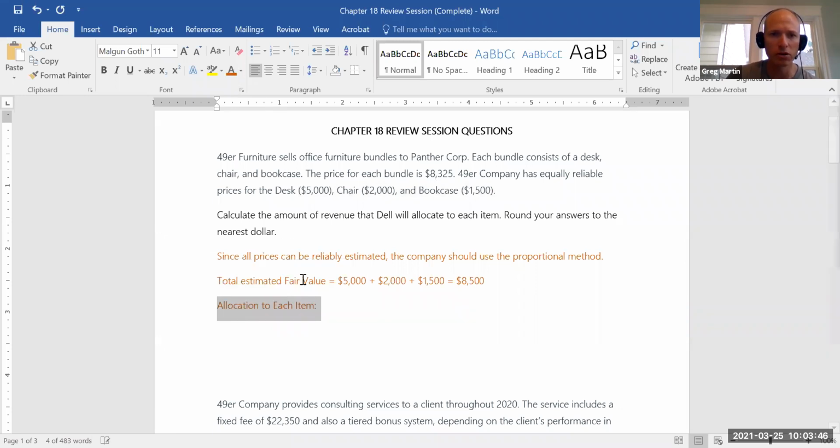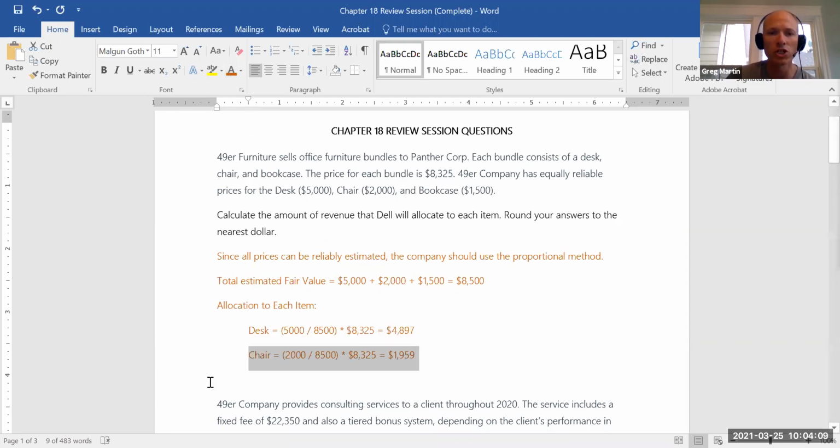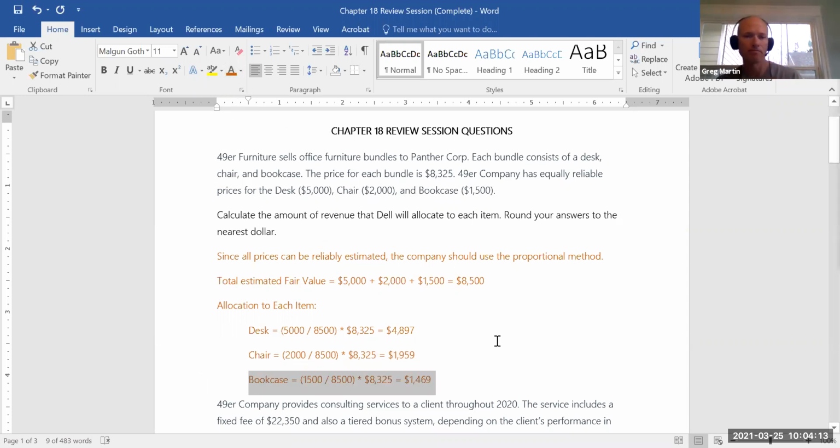And then applying the allocation to each item. For the desk, the proportion of the estimated fair value is $5,000 out of the $8,500 total. Applying it to the bundled price tells us that we'll allocate $4,897 to the desk. We do the same thing for the chair, and the same thing for the bookcase.